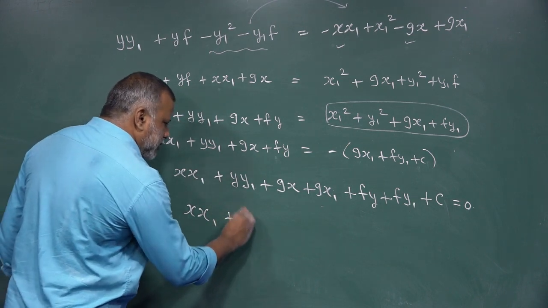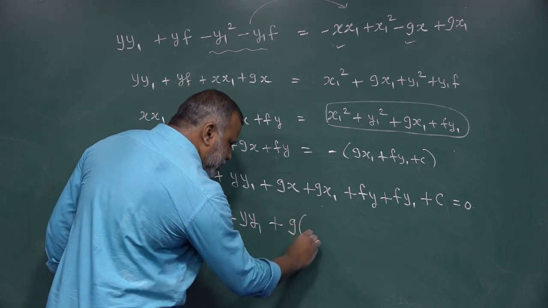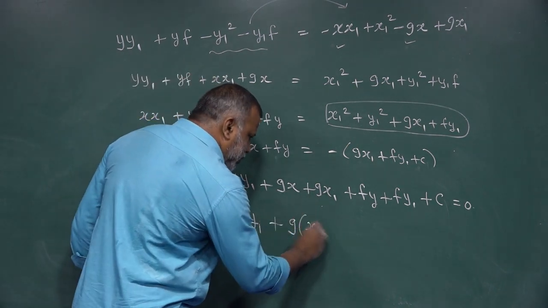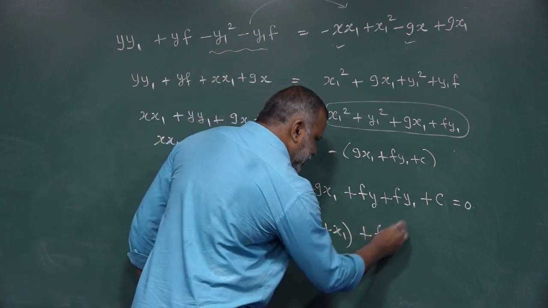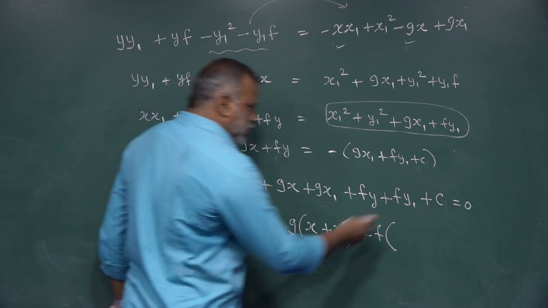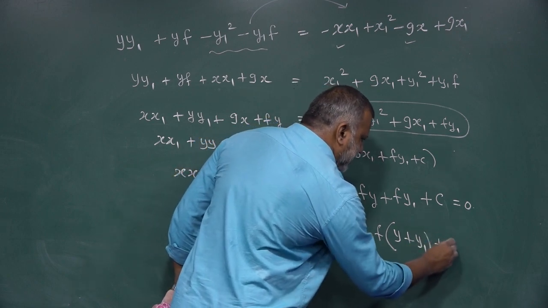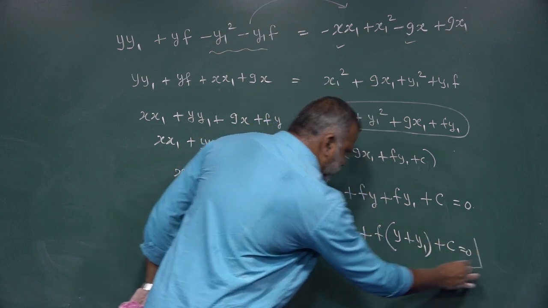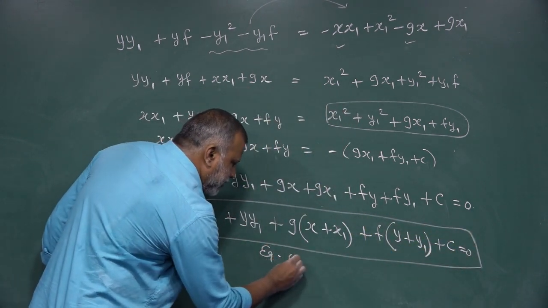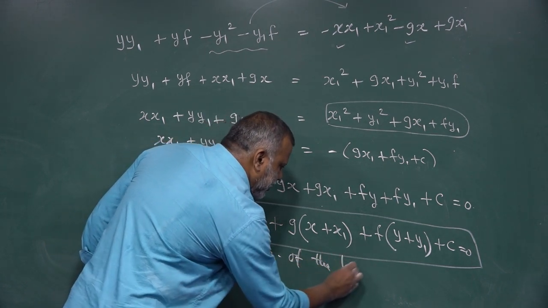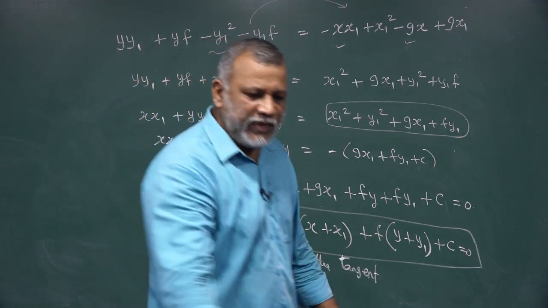See, pairing this one: xx1 plus yy1. Take out g as common, the remaining is x plus x1. Take out f as common, the remaining is y plus y1, plus c equal to 0. This is the equation of the tangent. Theoretically we derived the equation of the tangent.